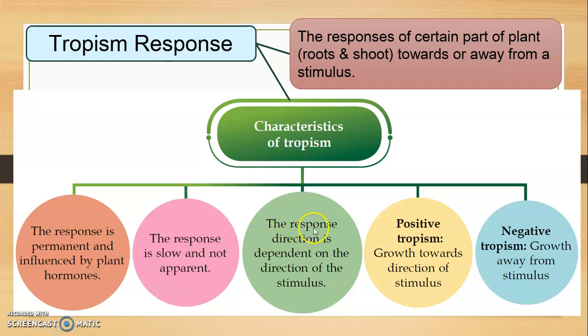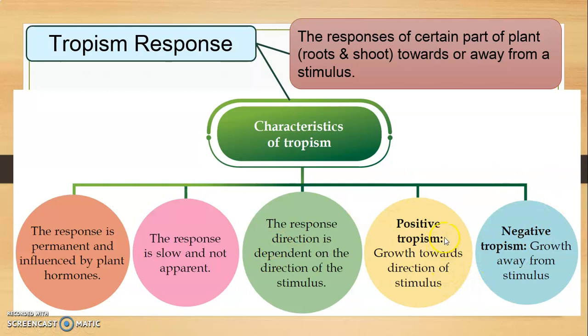Then the response direction is dependent on the direction of the stimulus. Arah gerak balasnya adalah bergantung kepada arah rangsangan. It means it is directional. Dia akan bergerak ke arah ataupun menjauhi stimulus.